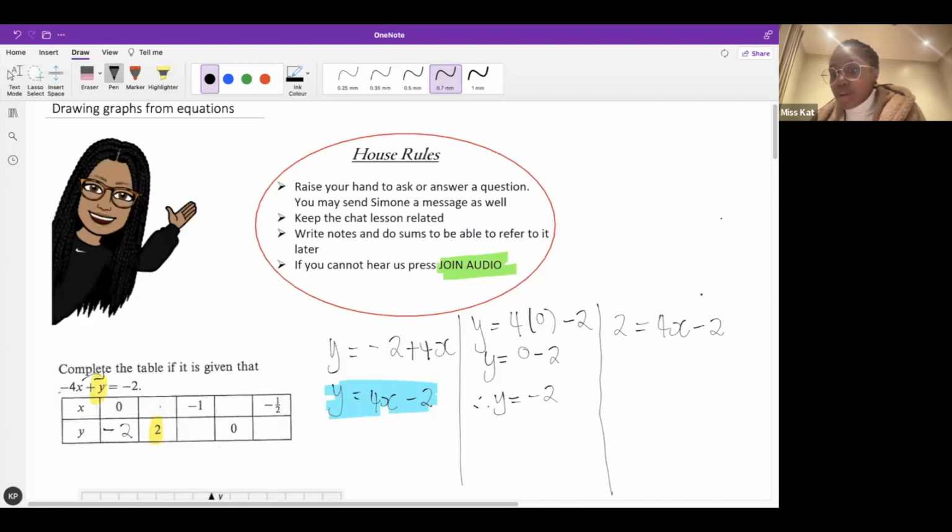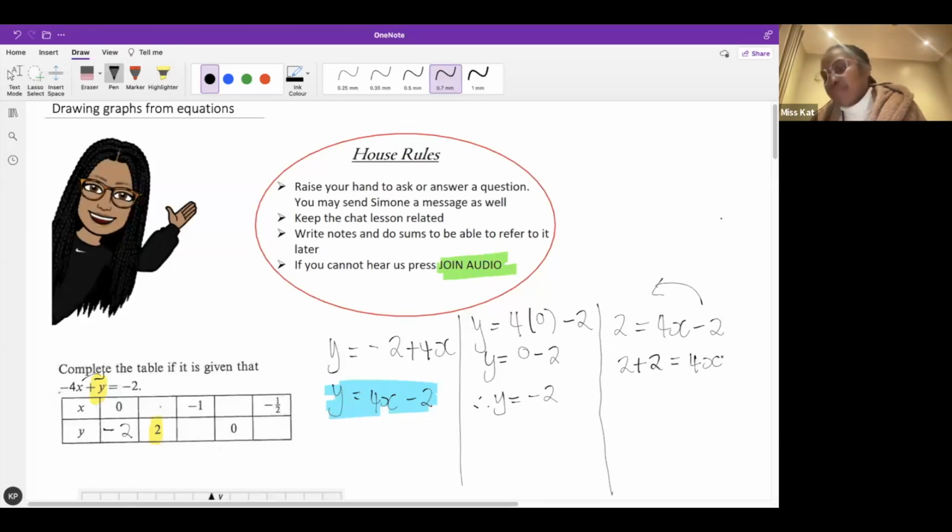So the 2 you're talking about is this one, right? You said it's going to go over. And then it's going to become a positive 2, right?